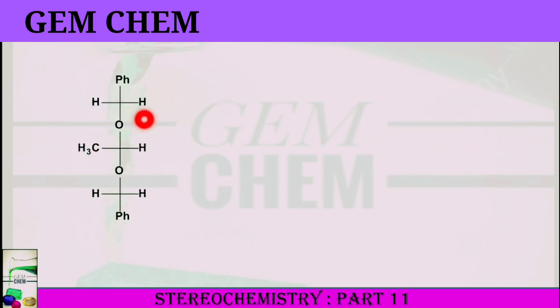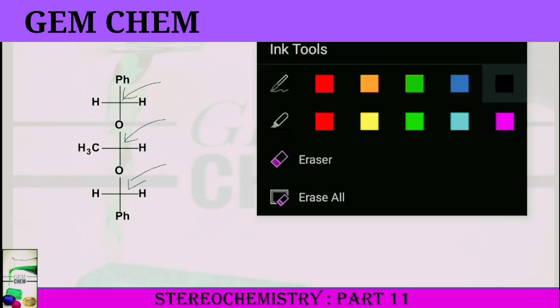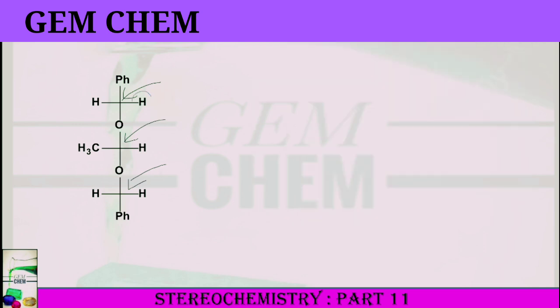Now this one is our work to find out. When we are considering this particular molecule, from here we can see that there are 3 prochiral centers. These are the 3 prochiral centers. Now when we consider these 2 hydrogens, these are actually diastereotopic, as well as anisochronous.